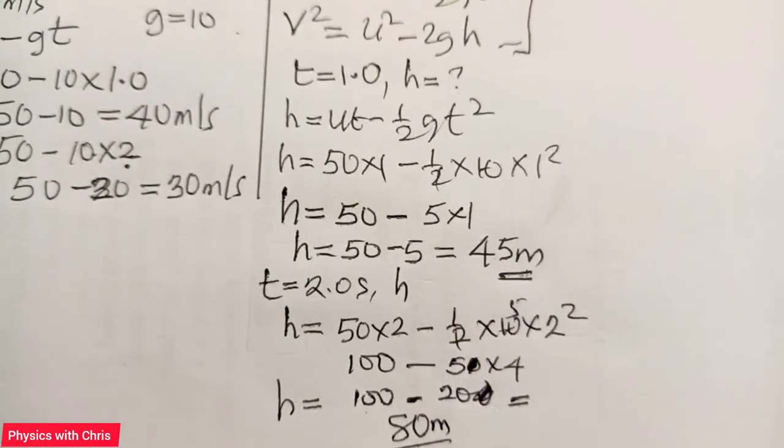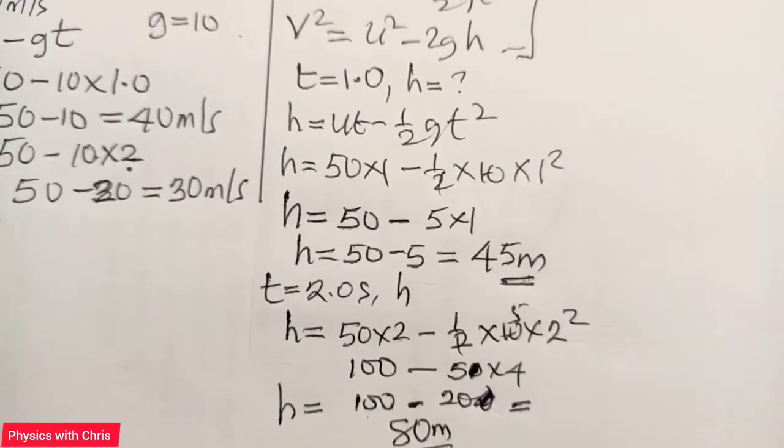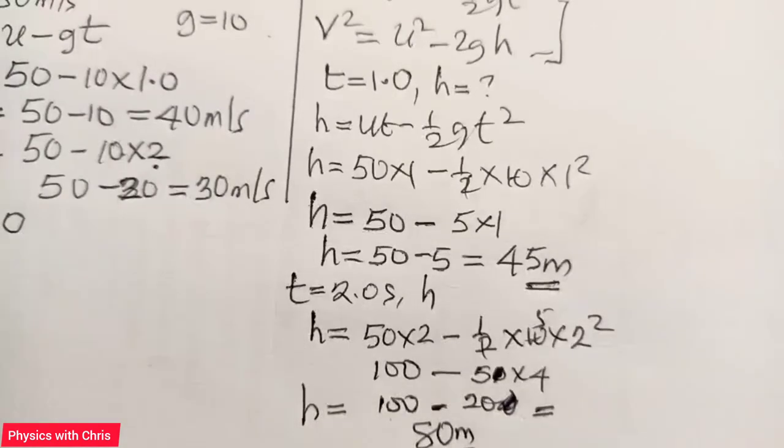But here it is 80, which means the height risen by the body decreases with increasing time, because you see the speed is reducing. So that's why the height is reducing until when the body reaches its maximum height. So in the next video, we shall talk more on this motion under gravity.